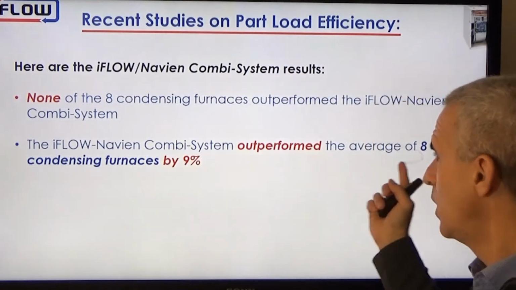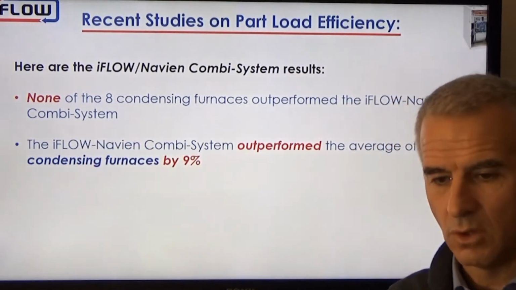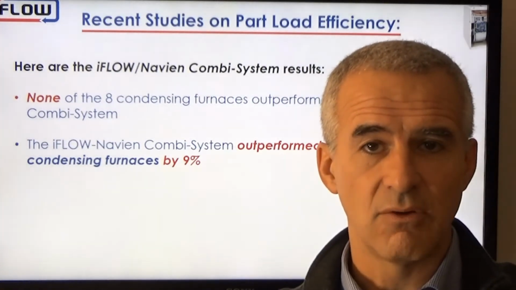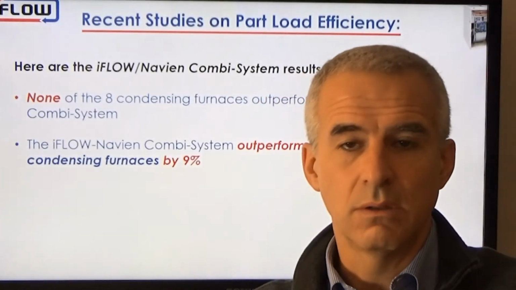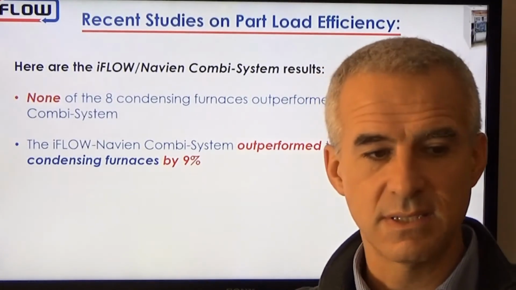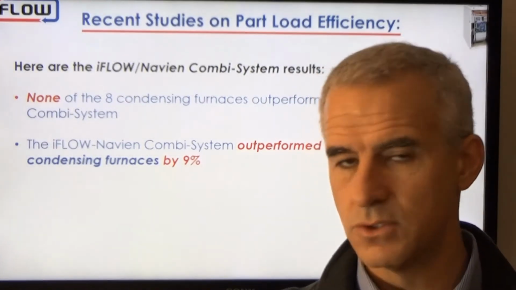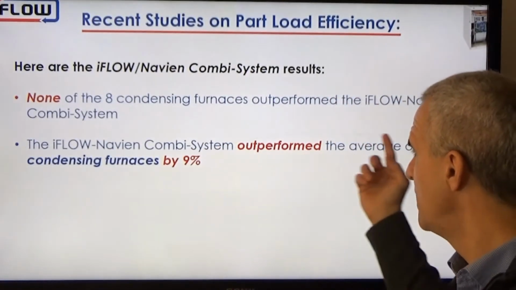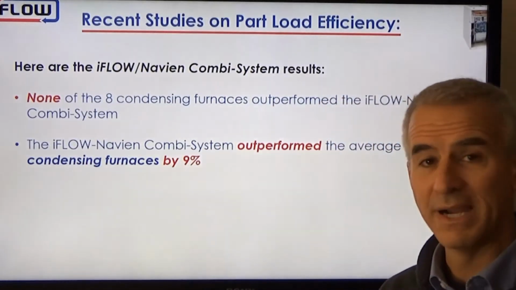And when we averaged all of the furnaces, because we don't know which one we're going to be up against, are we going to be up against the best performing condensing furnace or the worst performing? Well, we don't know. Are we going to be up against a modulating furnace or a single stage or 2? We don't know, so we just averaged them all, and we outperformed that average curve by 9%.